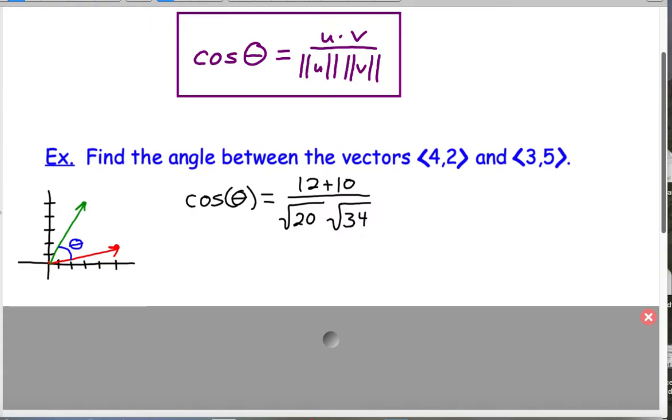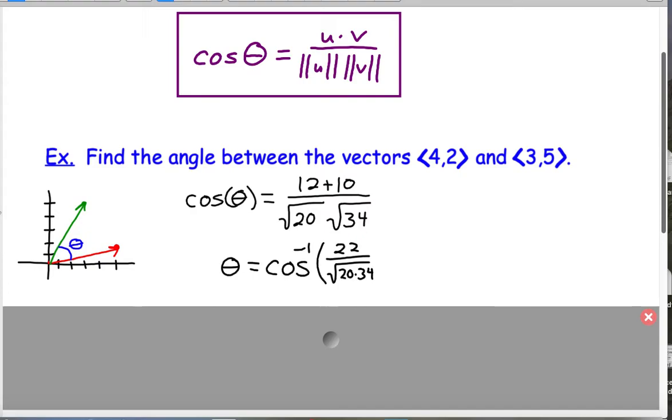So that's going to give me what the cosine of theta is. So to find theta, I'll do the inverse cosine of 22 divided by the square root of 20 times 34.